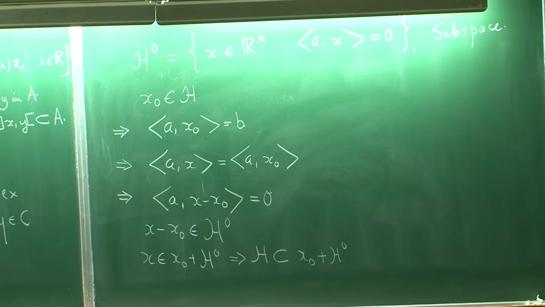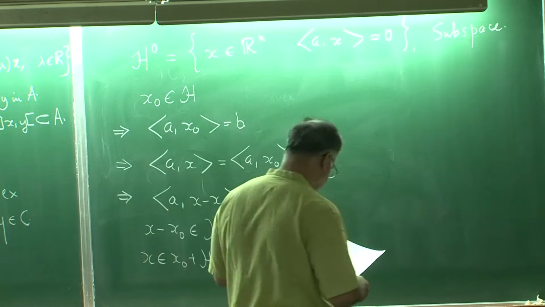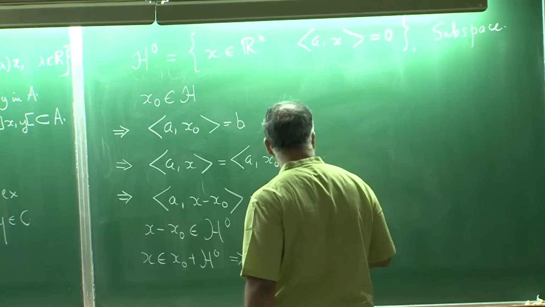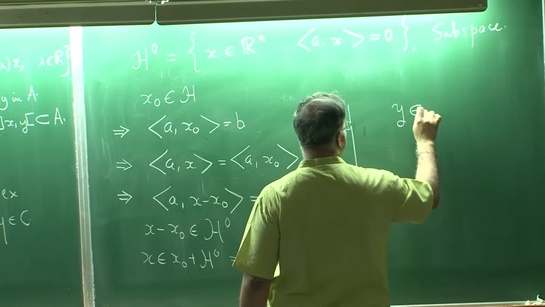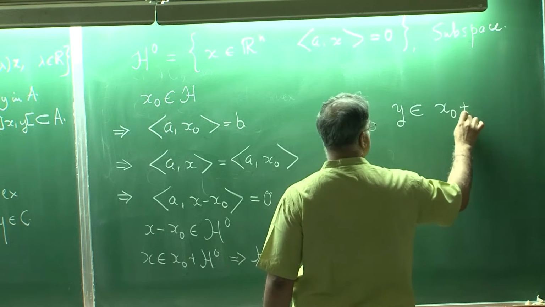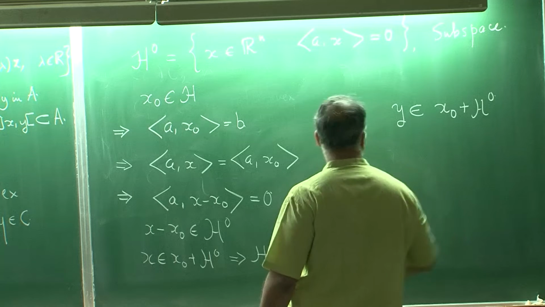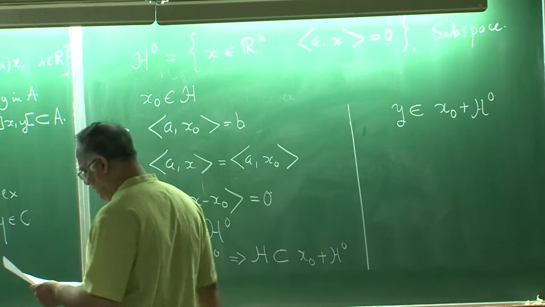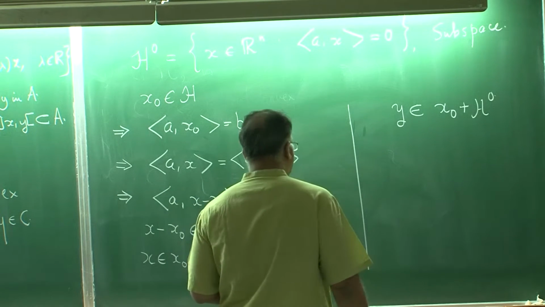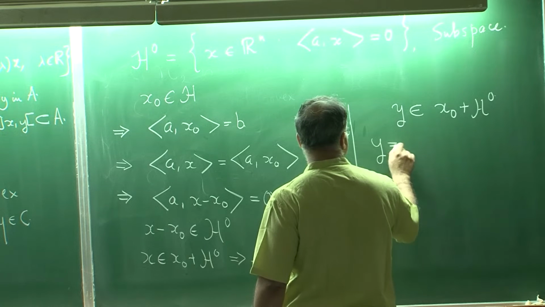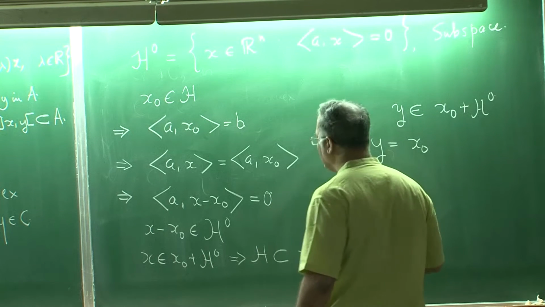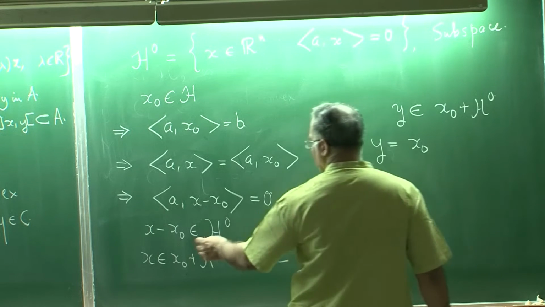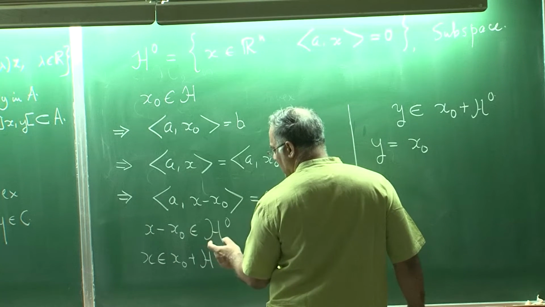Okay. In fact, we want to show that these are equal. So, for that, take any y which is an element of x naught plus H naught. Because this is an element of this particular set, y is represented as x naught plus x dash, where x naught is a singleton set added to this set.